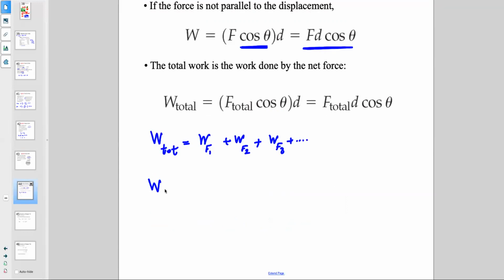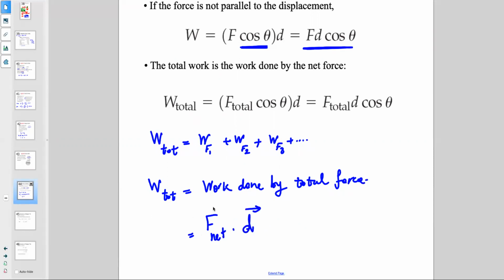Or I can write W total as the work done by total force, or F of net times displacement as a dot product, or F of net d cosine of the angle between them.